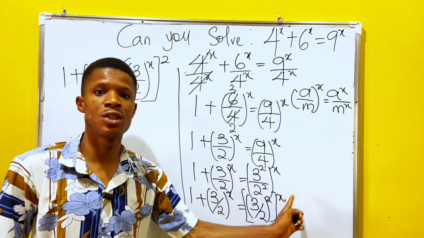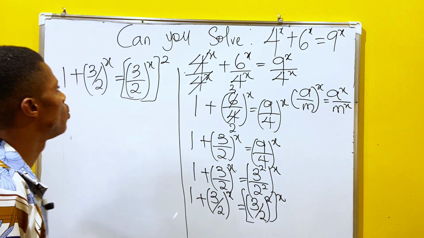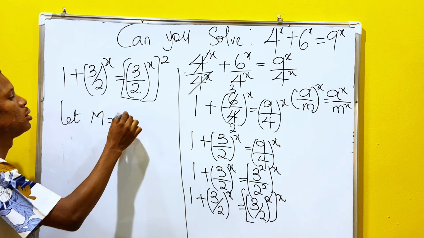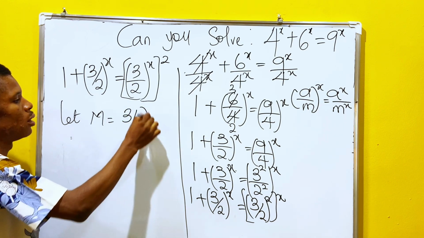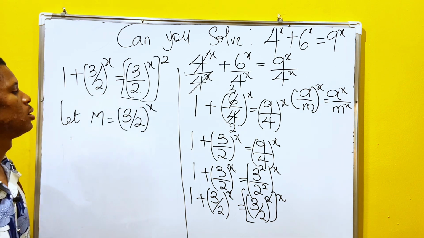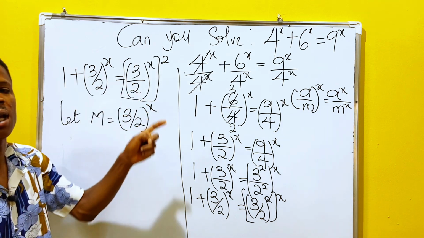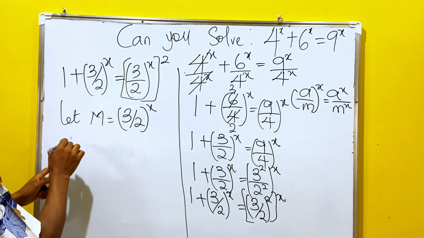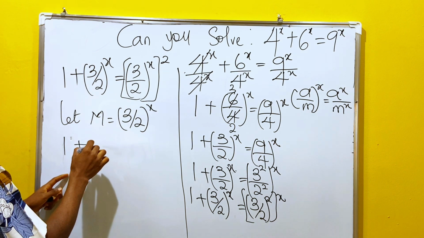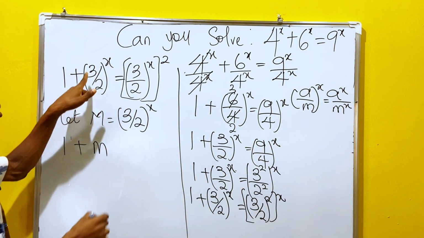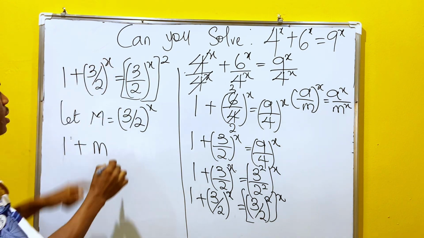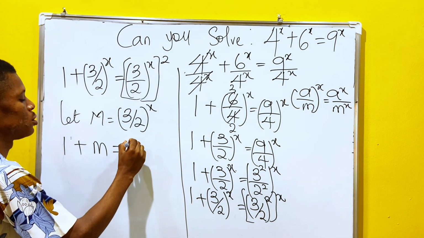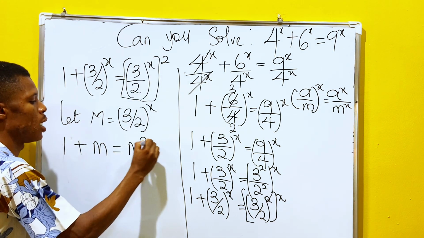Because multiplication is commutative. So we can now say let m be equal to 3 over 2 all to power x. So we'll write this particular term in terms of m. So that will now give us that 1 plus m is equal to m squared.